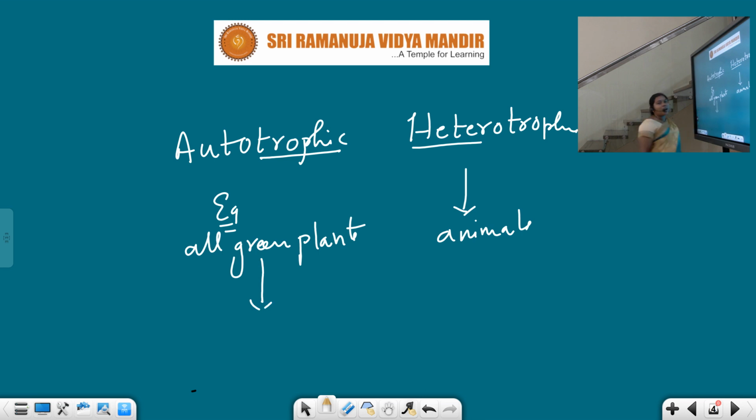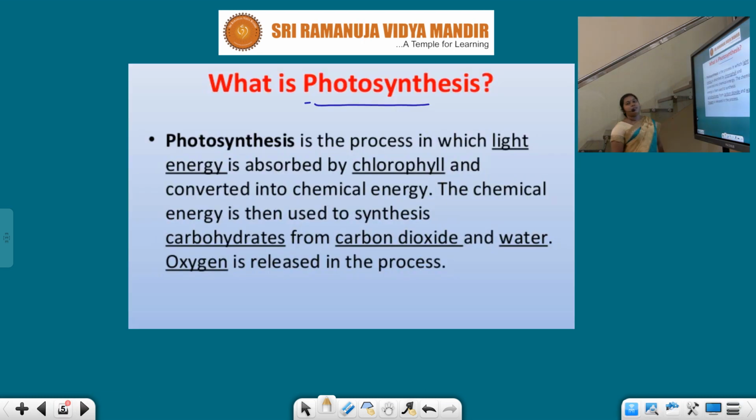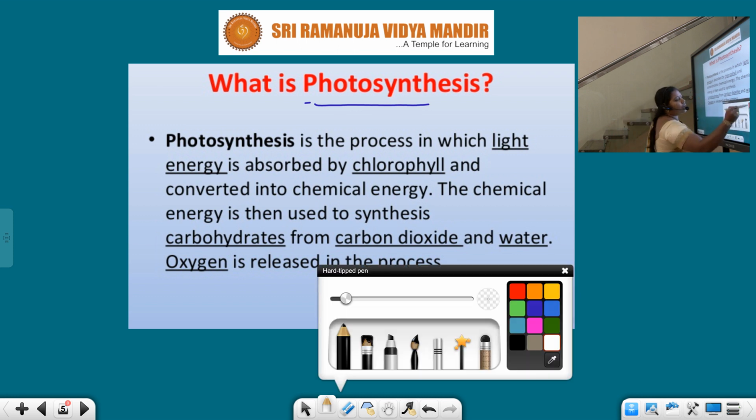Maximum all the green plants perform the process of photosynthesis to synthesize the food materials. Photosynthesis is the process in which light energy is absorbed by the chlorophyll and converted into chemical energy.